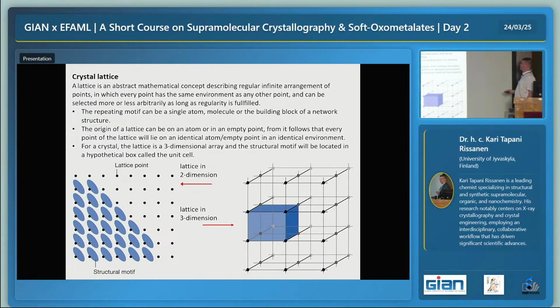And then we normally select an origin for the lattice. For example, if this is an atom, we can select this as the origin. Or it could be an empty point somewhere in the middle. So everything is up to us. We can make the decision as we like. But the only thing is that it has to be repeatable in the 3 dimensions. So all the directions have to look exactly the same.